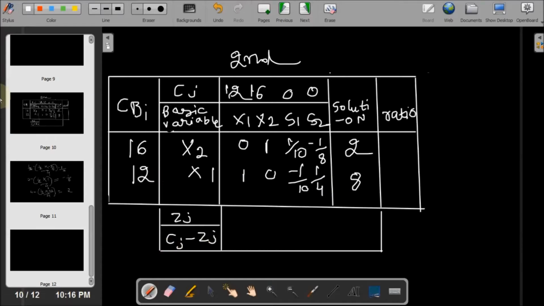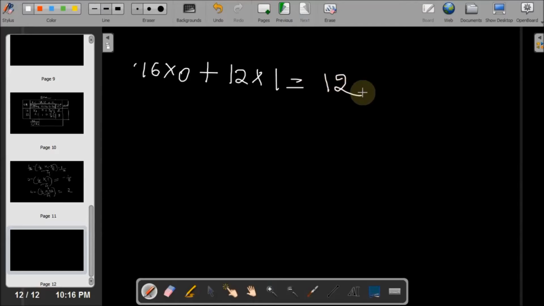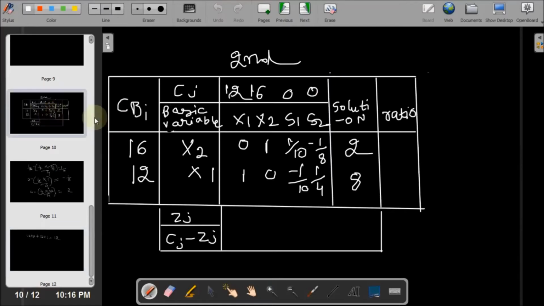So see fast, I will do it quickly. So 16 into 0 plus 12 into 1. So what is the value? 12. So now the Zj value is what? 12. I will write that.